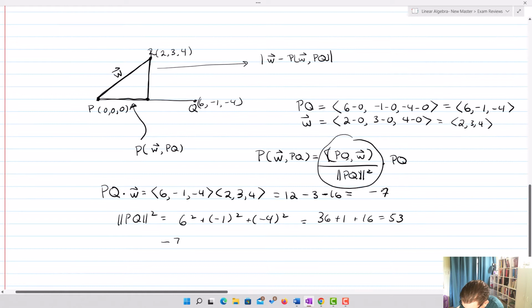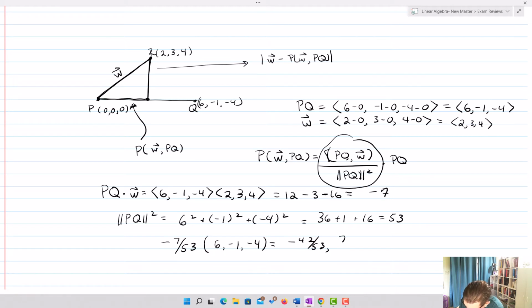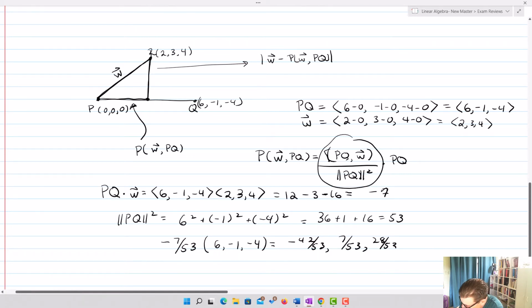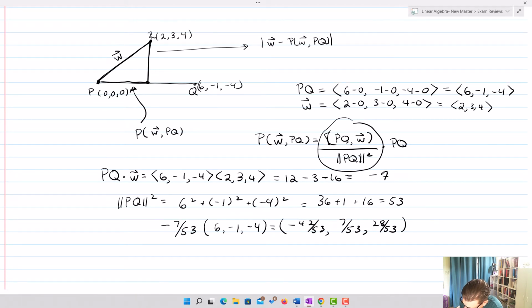So we get negative 7 over 53, and then we'll multiply that by PQ. And remember, PQ is 6, negative 1, negative 4. And so that's negative 42 over 53, 7 over 53, 28 over 53. We'll just go through, check that. 42 over 53, 7 over 53, plus 28 over 53.